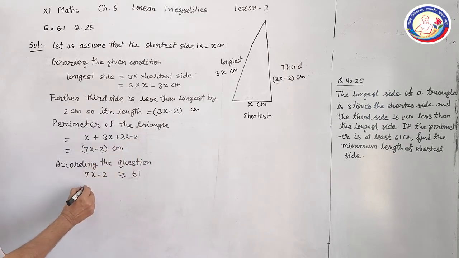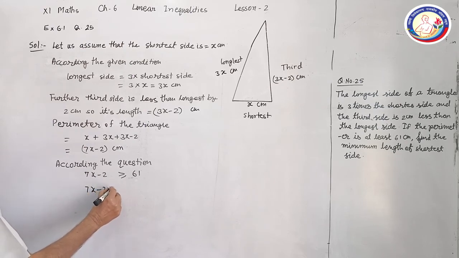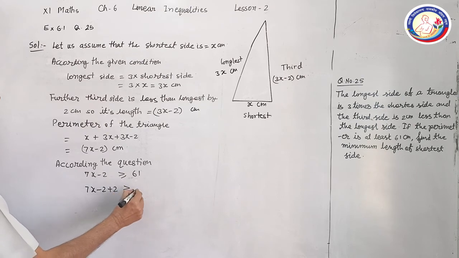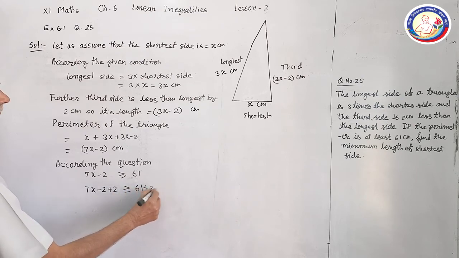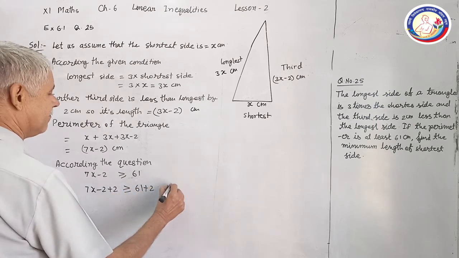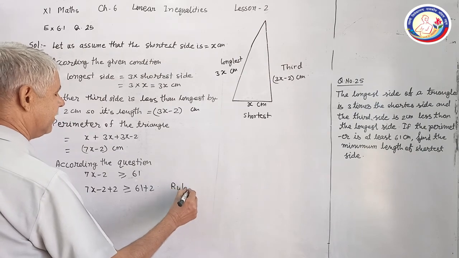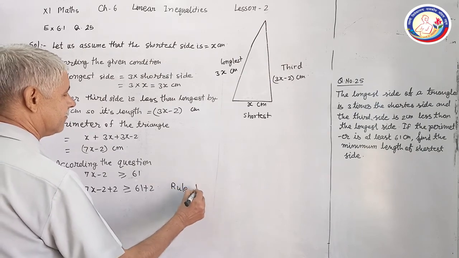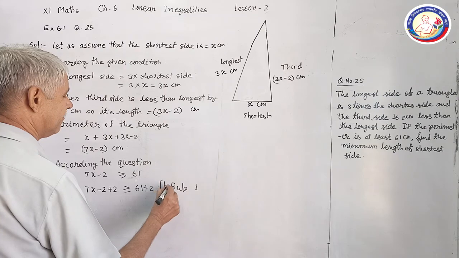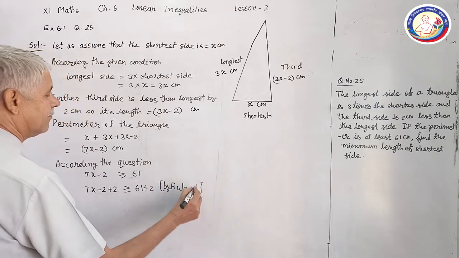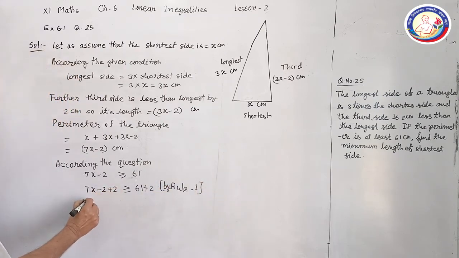Solve this. Add 2 to both sides. 7x minus 2 plus 2 is greater than or equal to 61 plus 2. Rule 1. You can simply write here rule 1. Now 7x is greater than or equal to 61 plus 2, that is 63.